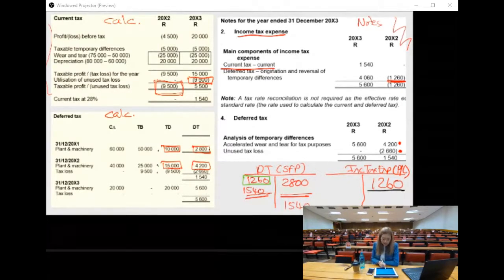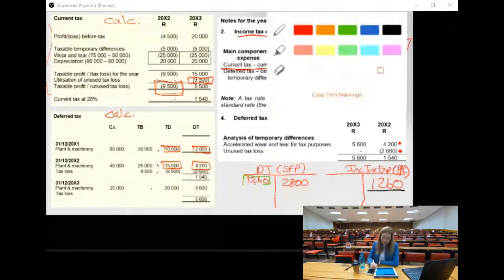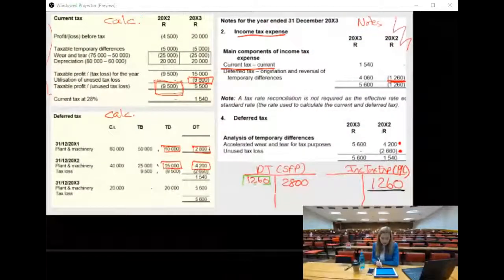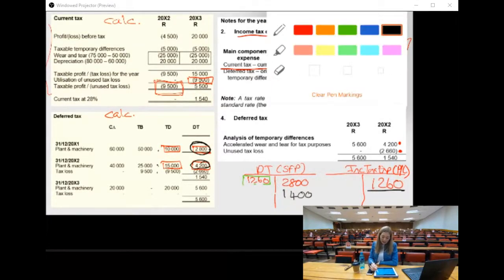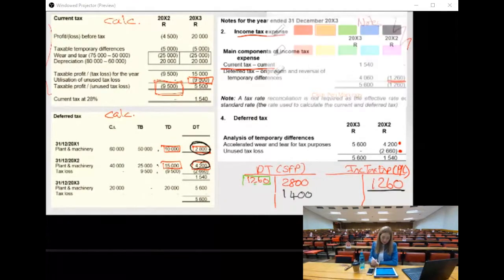So we would have had an increase in the liability. Let me just clear this as well. So we would have had an increase in the liability of, what's the difference? 1,400. So our liability would have increased with 1,400 from this movement from 2,800 to 4,200. Okay. Then we have this movement.